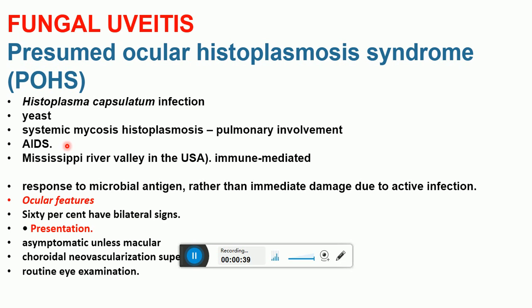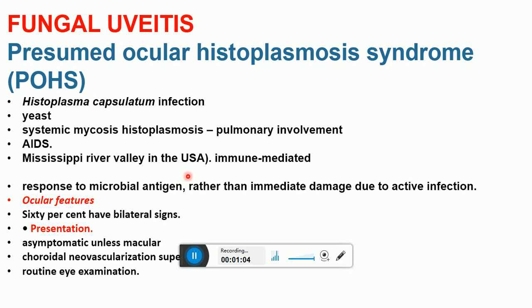POHS is relatively common in areas of endemic histoplasmosis, for example, the Mississippi River Valley in the USA. Causality has never been definitively confirmed, but over 90% react positively to histoplasmin testing.